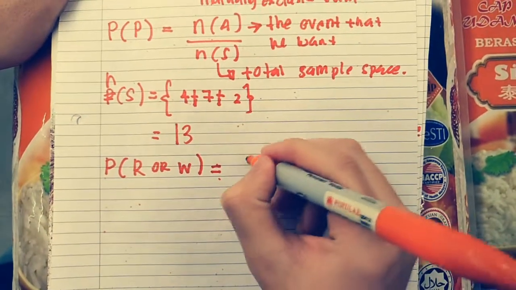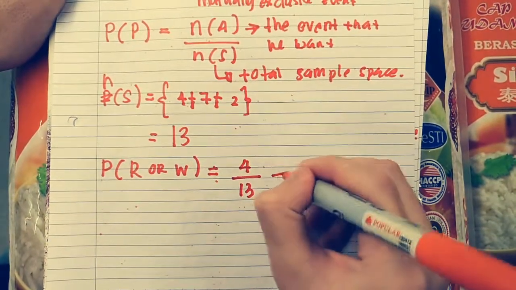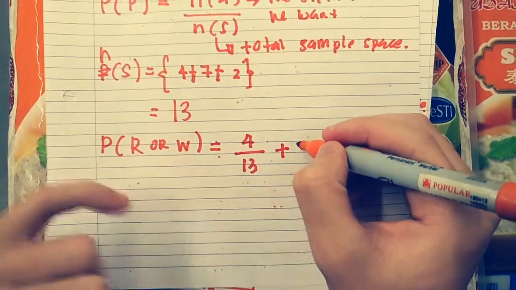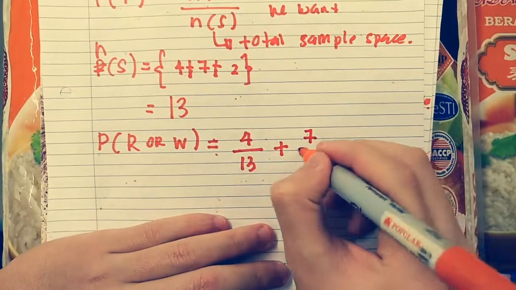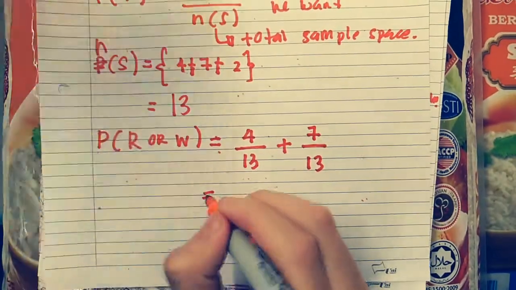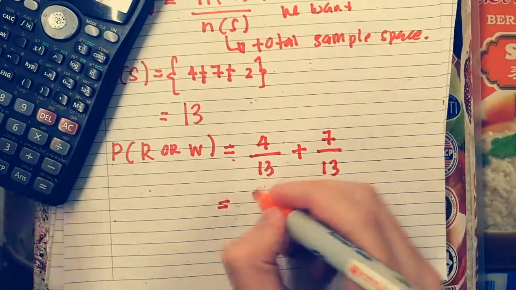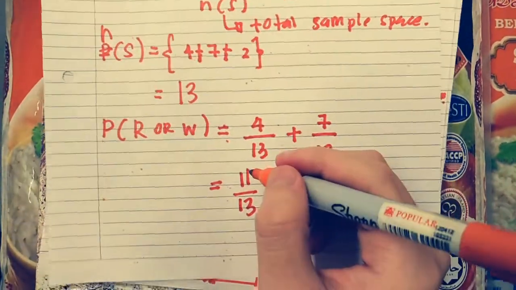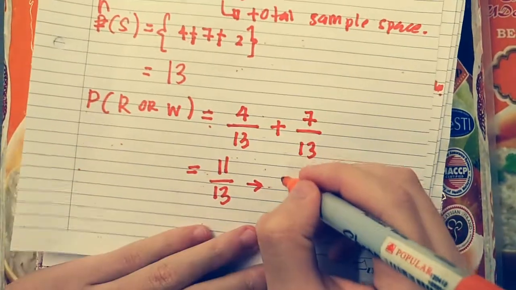We have 4. 4 divided by 13, plus, there's no intersection between them, 7 over 13. So we got 11 over 13. 11 over 13 is our probability.